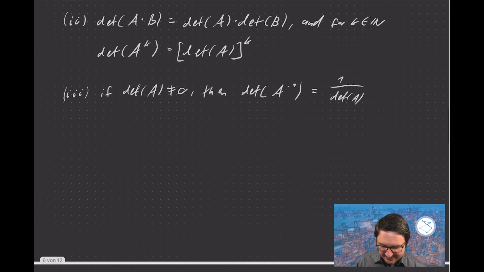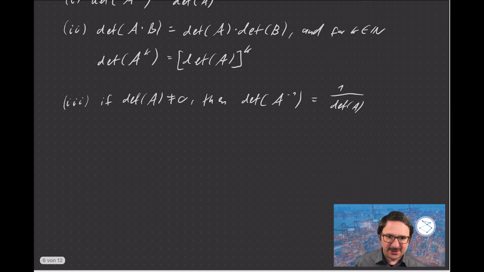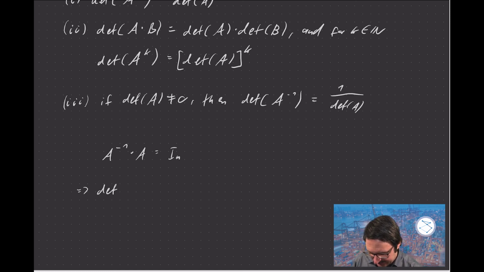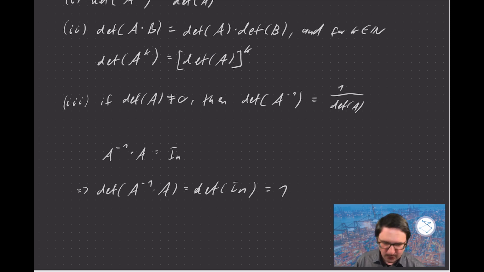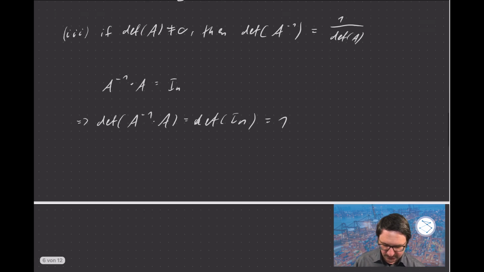Why is that the case? That's easy to see as a special case of that second property here, because as you know, A to the minus 1 times A is the identity matrix. So that means the determinant of A to the minus 1 times A is the determinant of the identity matrix, of course, and that determinant is 1. You can just do the computations.